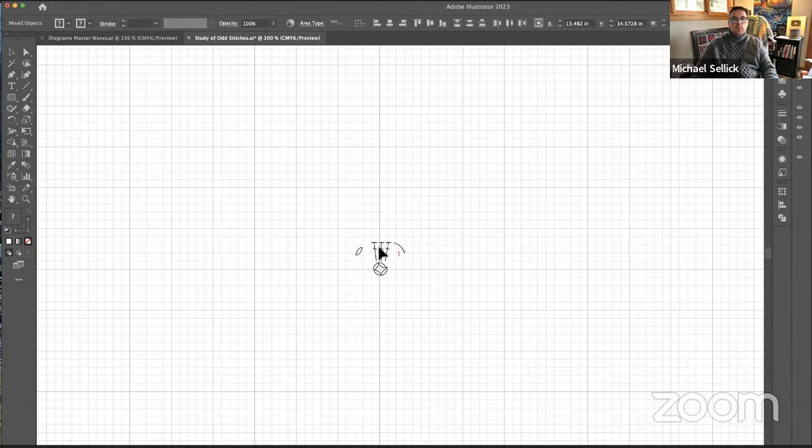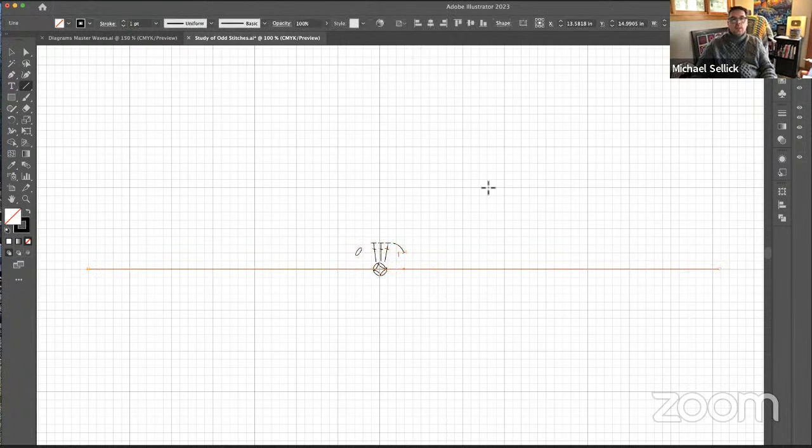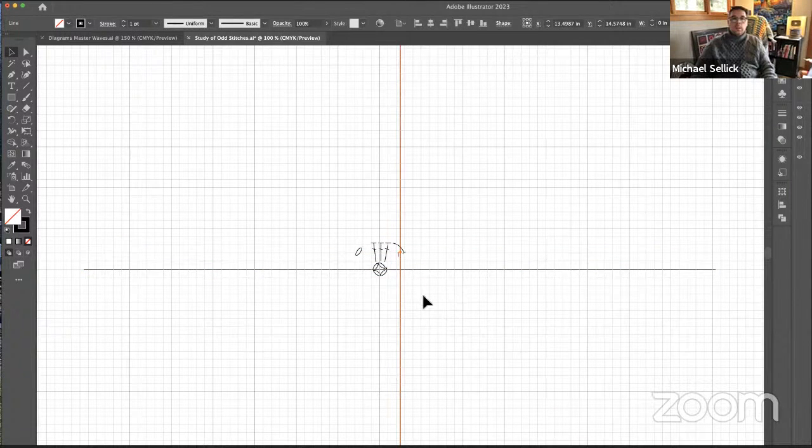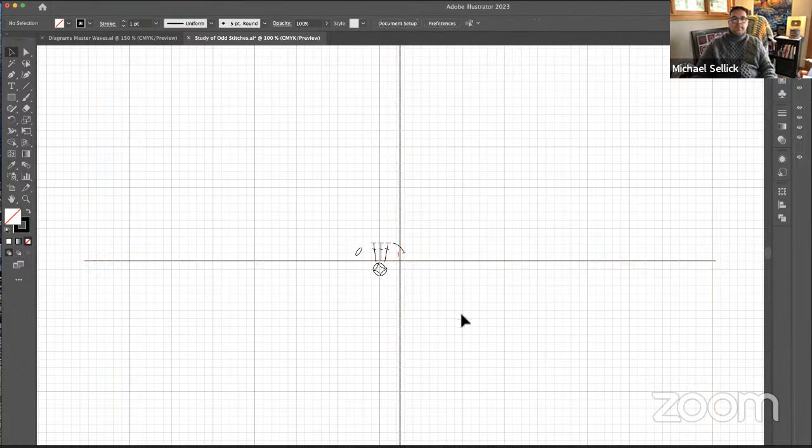One thing I've learned over the years is that I need to create center points here. So I'm just going to do that and then copy and rotate. We're going to center them up, and a vertical line as well.